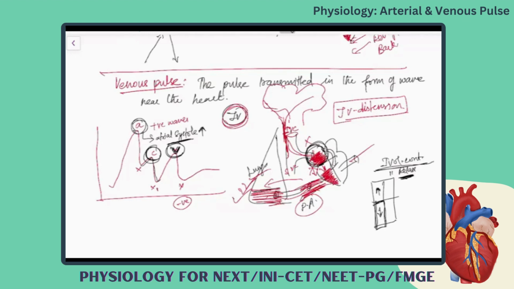So this pressure build-up during the isovolumetric relaxation phase makes the AV valves open and the blood will come from the upper chamber to the lower chamber. So that is what you call the V wave.